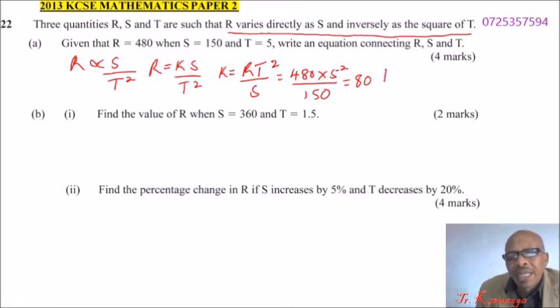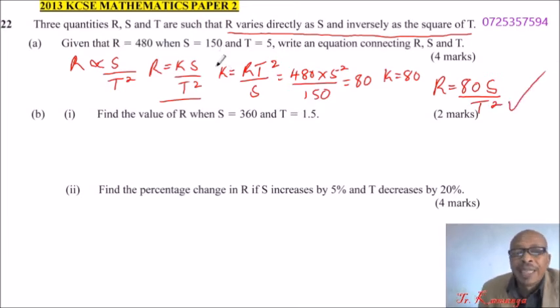So K is equal to 80, and therefore now we can write the equation: R equals 80S divided by T squared. So that is the equation connecting R, S, and T. We go to part B.